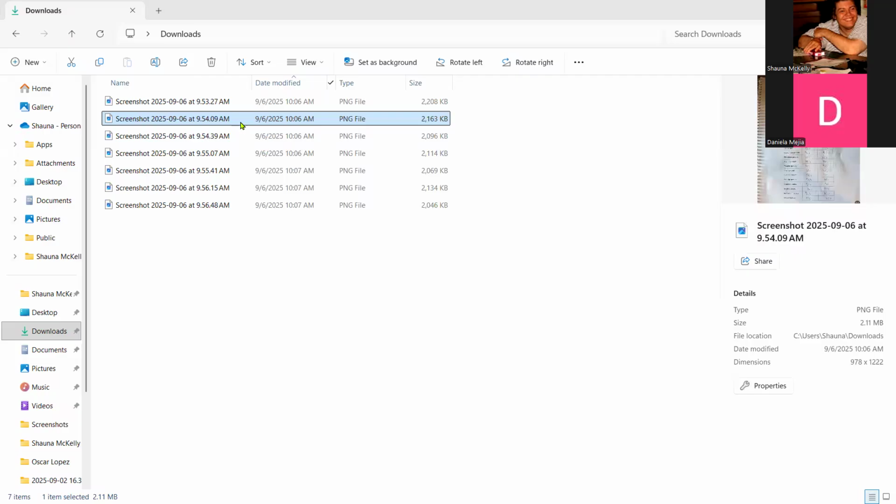Let me open up the screenshot because I don't think it's showing you the right one. Can you see the activity 3? Yes, I can see it.